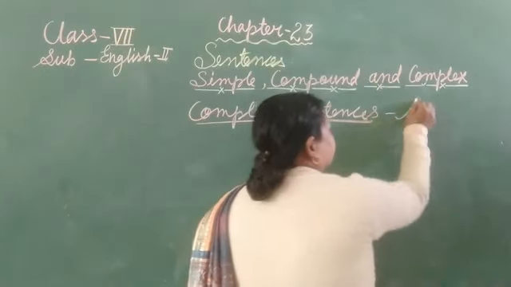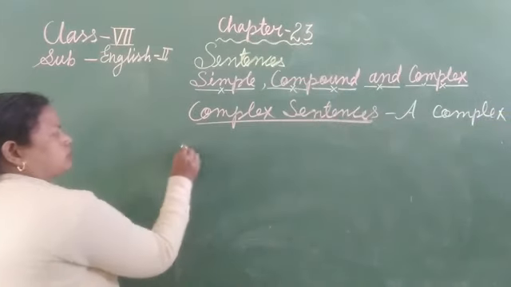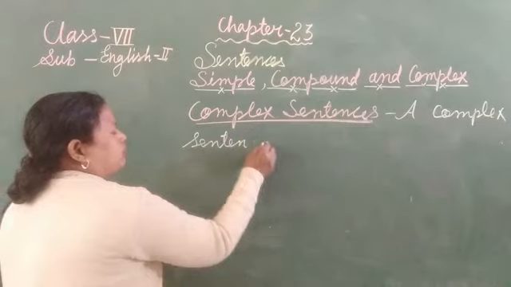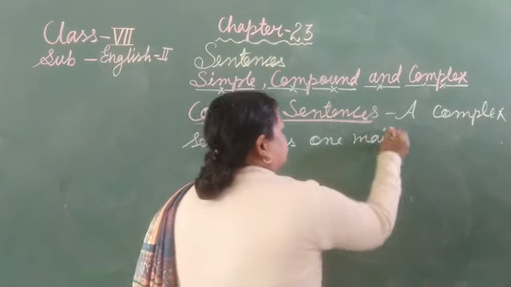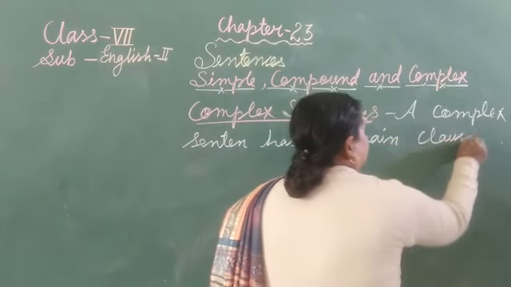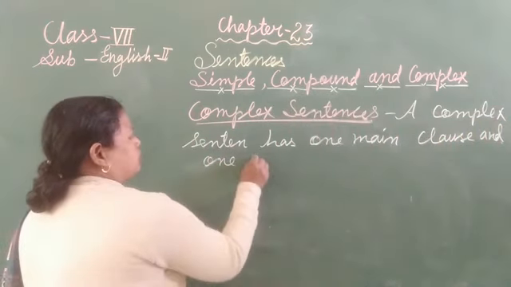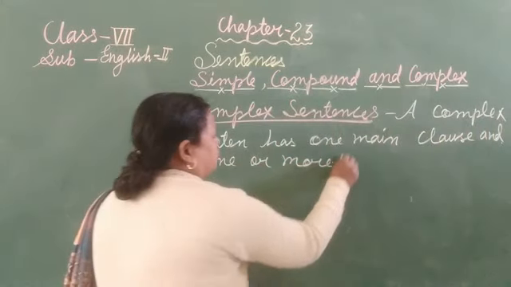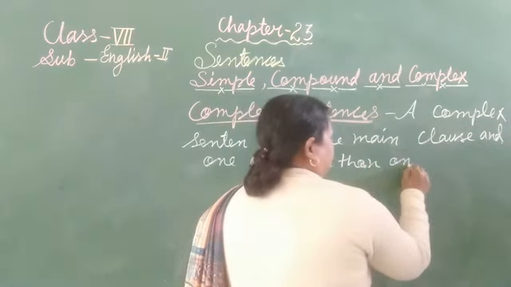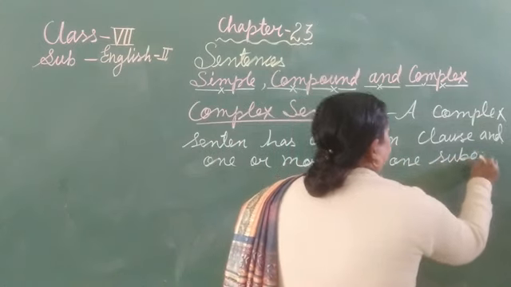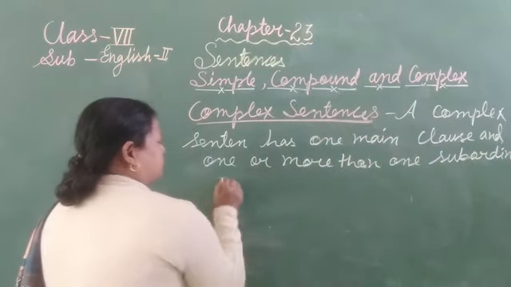You can write a definition in your copy: a complex sentence has one main clause and one or more than one subordinate clause.